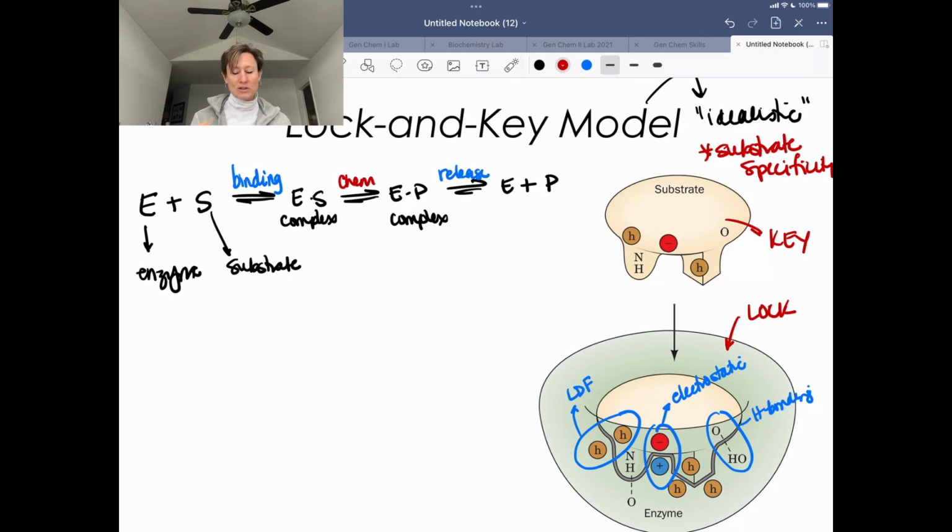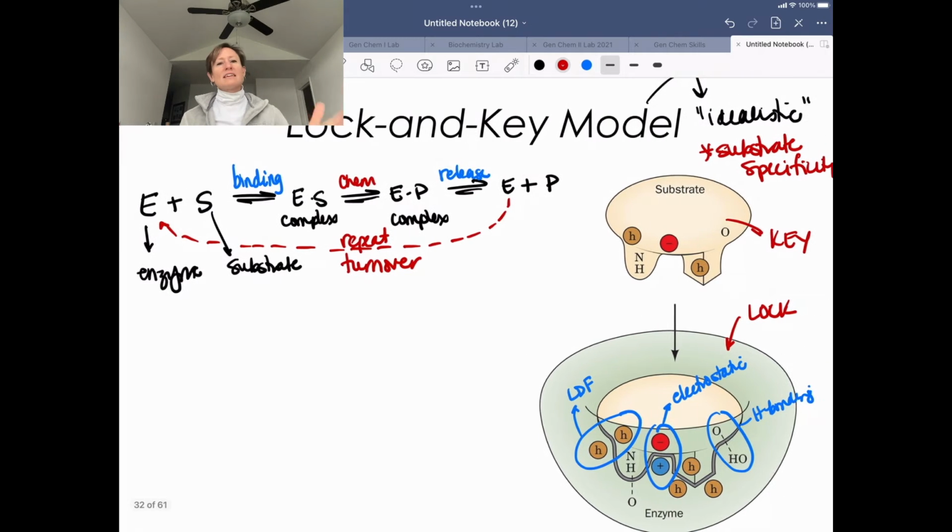This is important because if we want the enzyme to do additional chemistry, which we call turnover, it has to release the product sitting in its active site so it's free and available to bind another substrate. We're going to see this equation in our next learning unit on kinetics.